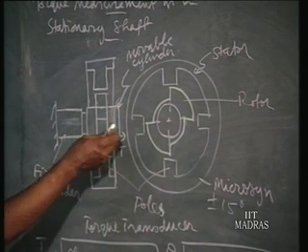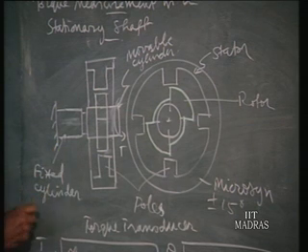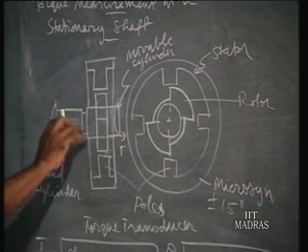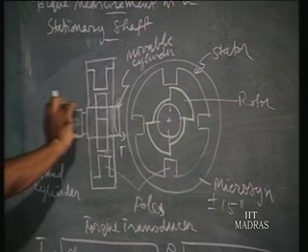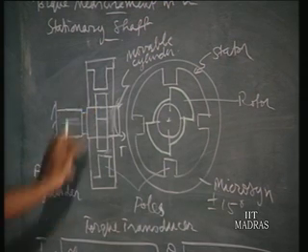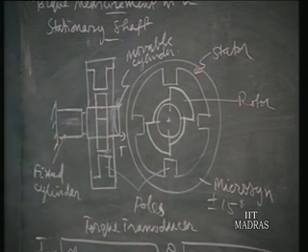Now the torque is applied. Here, as a part of the transducer, you will have 2 cylinders: one fixed cylinder and a movable cylinder connected by so-called cross leaf springs.